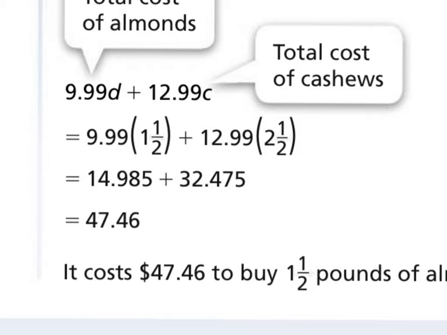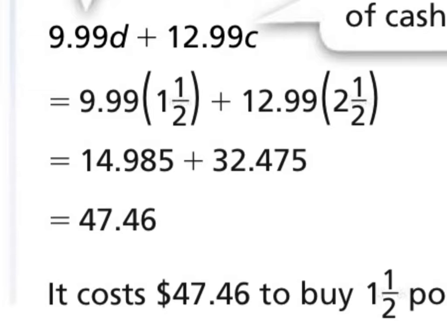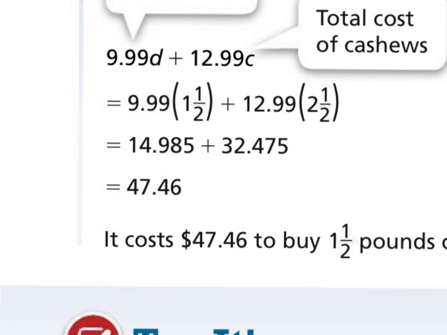Obviously, if we were allowed to use calculators, the 1.5 we could put as 1.5, 2.5 we could put as 2.5. Okay, and work that out. They added those together. If you'll notice, those costs initially went to the thousandths place. They didn't round. They added them together, and then it actually worked out to the nearest cent, $47.46.